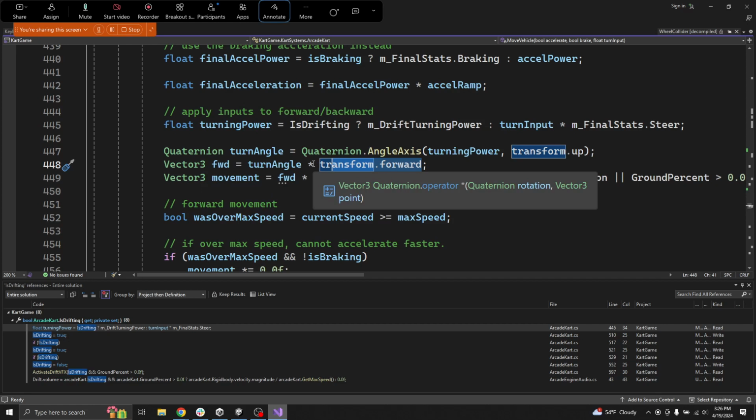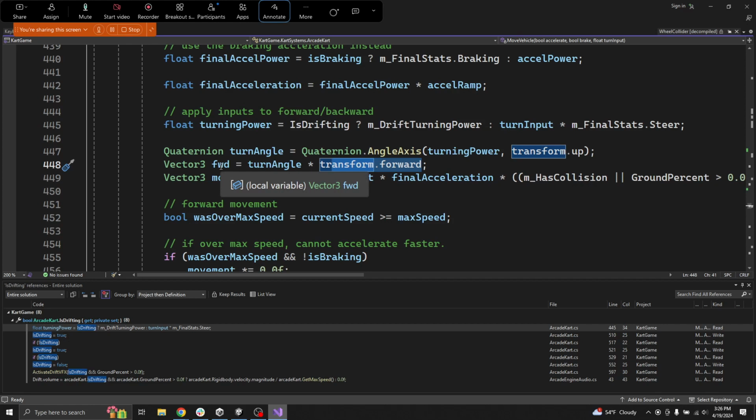It's a quaternion operator, and you multiply a quaternion by a vector 3. You multiply a rotation by a point, and you get a vector 3. Sure. So we get our forward vector 3.